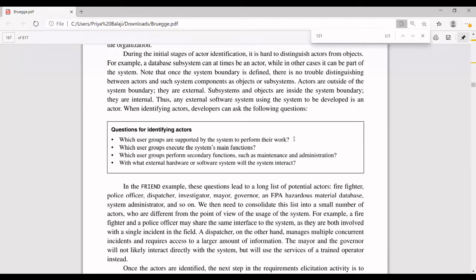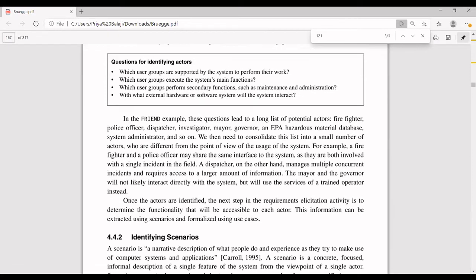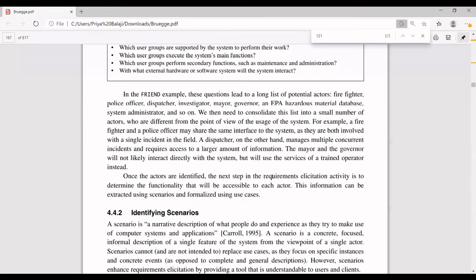So we have to clearly define for which subsystem this database is going to be an actor, and for which subsystem this database is going to be an object. Like that, every minute consideration also has to be taken into account when you are going to find out the actors. So this is the first thing we have to do.